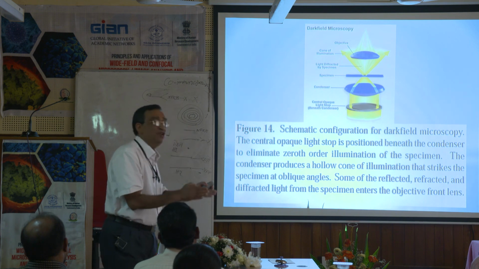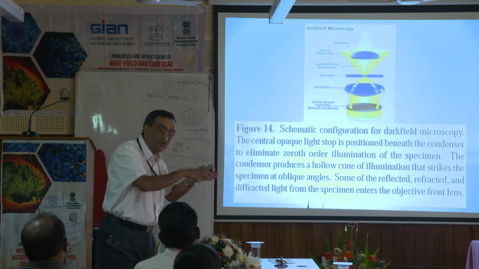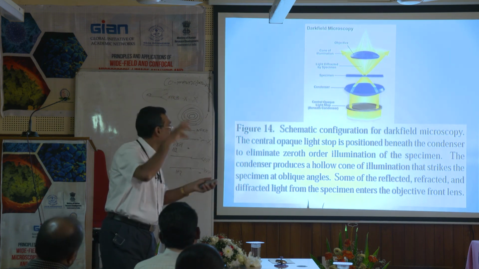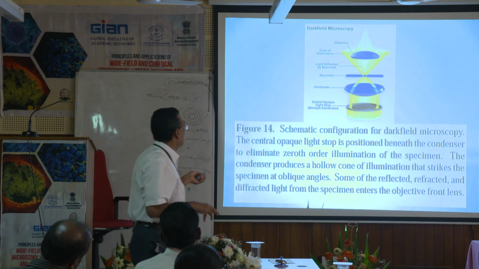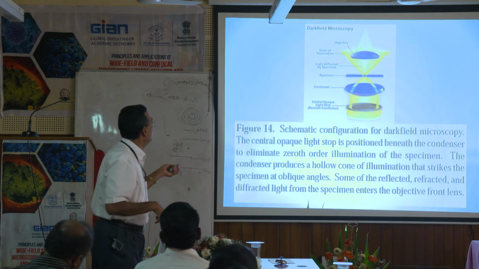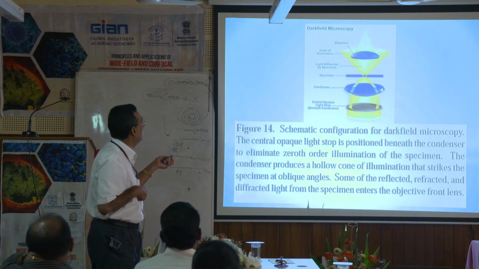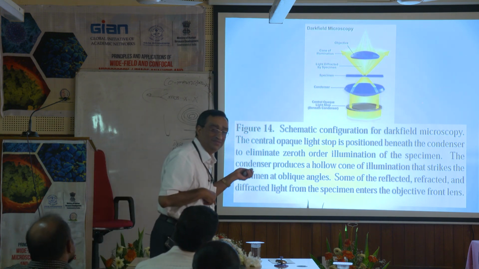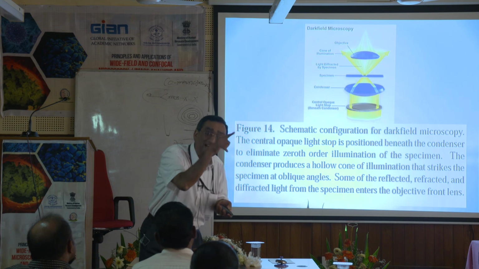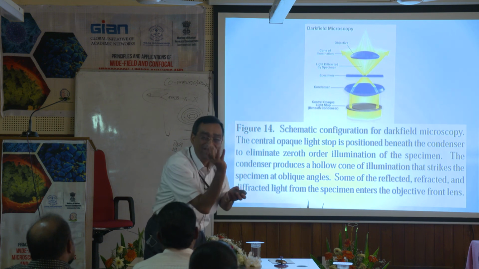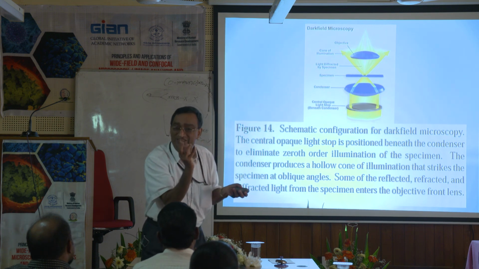So the light is coming only through that ring, not the complete light. This ring of light is then focused by a condenser lens onto your specimen. So instead of having complete direct light, you are having an oblique illumination.